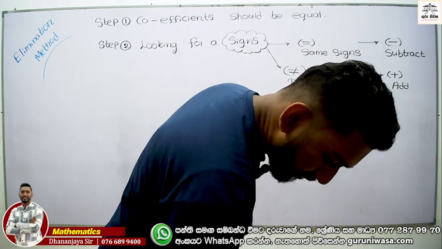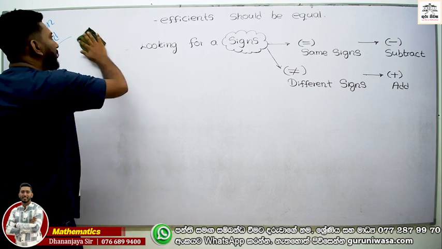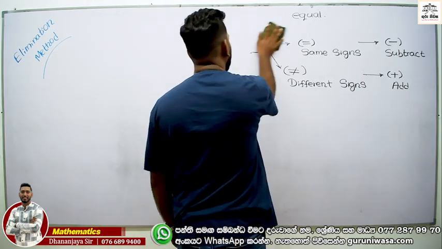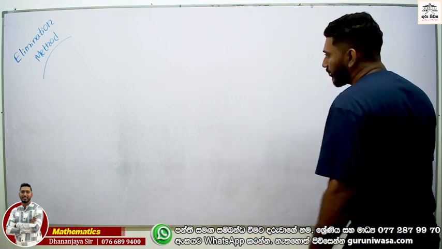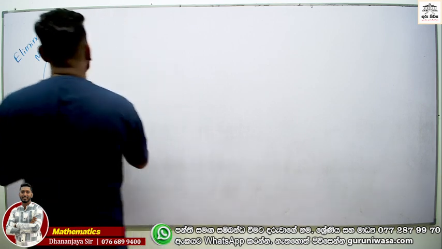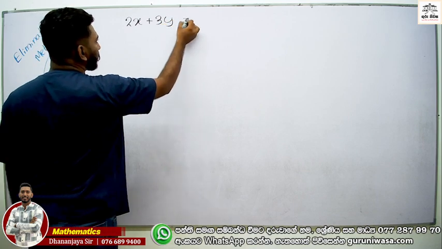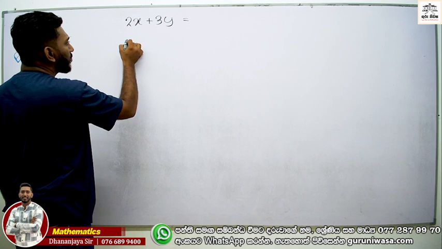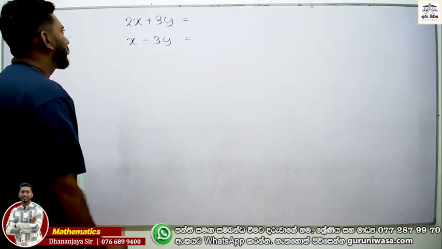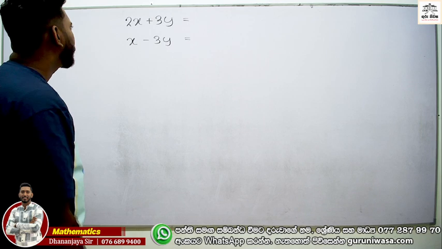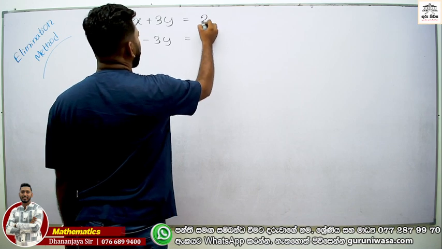Right. Firstly, now I'm going to discuss example number one. This is example number one. Like this: 2x plus 3y equals 22 and x minus 3y equals 8.